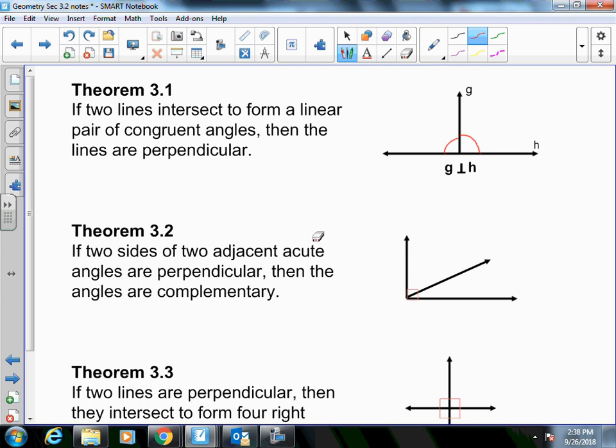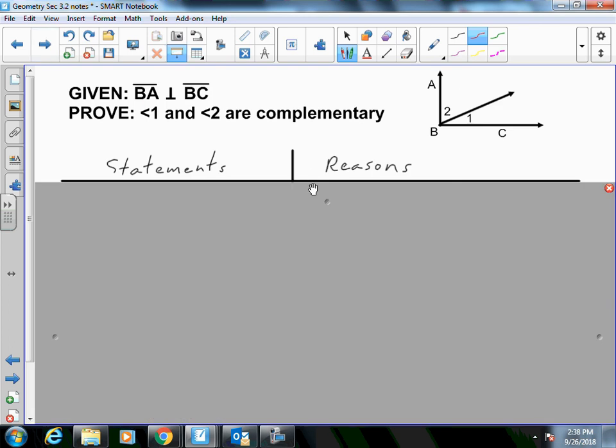Which is unfortunate because if we weren't proving that 3.2 worked, we could actually use it as our reason here and solve this proof in like 2 steps. But instead of using it to prove it, we're trying to use the proof to prove that theorem 3.2 actually works. So, if two lines are perpendicular, what do we know about those two lines?